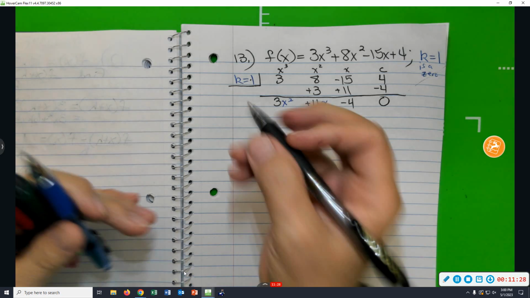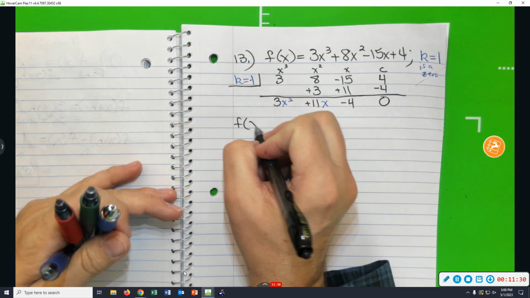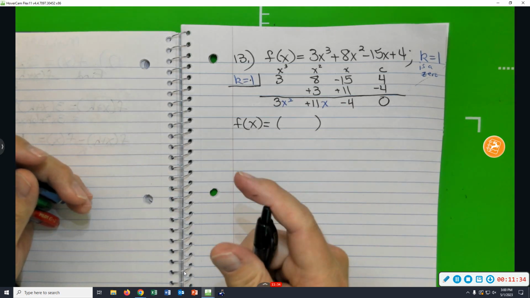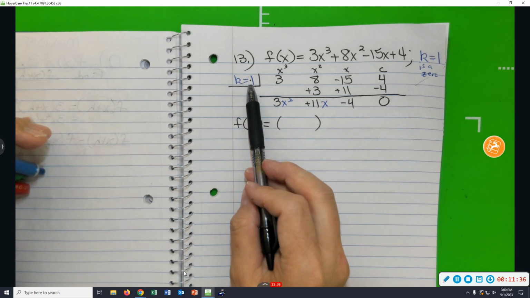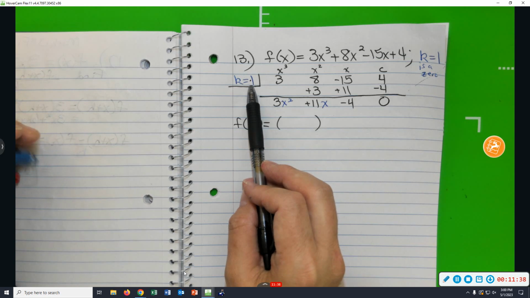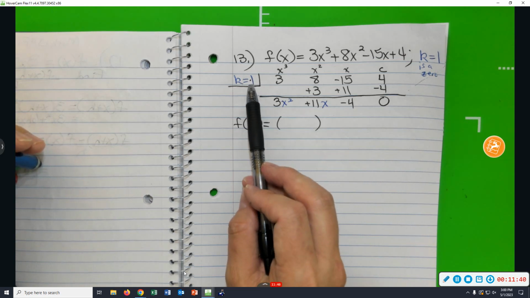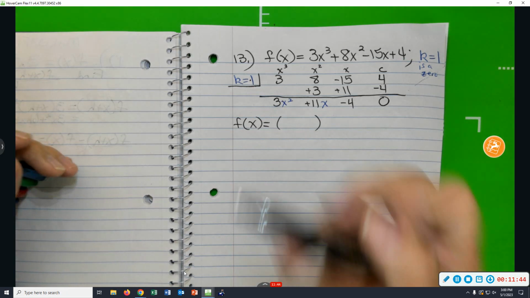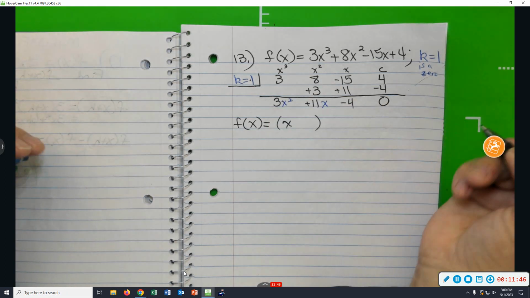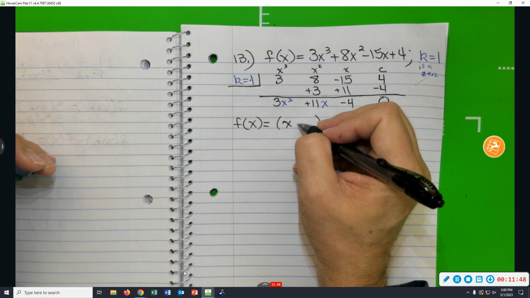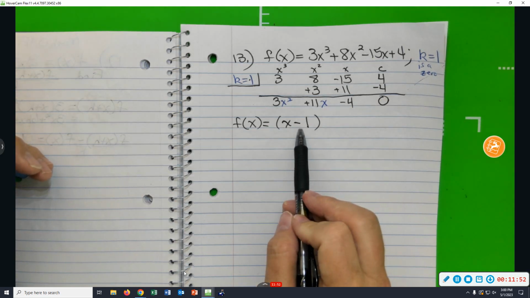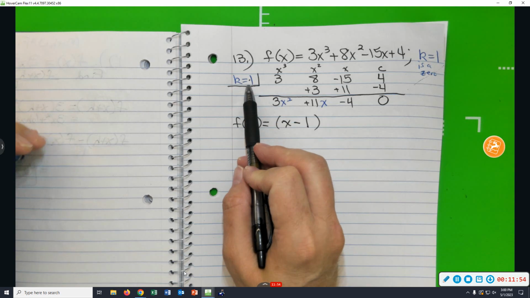So we now know f of x is equal to, what was the factor associated with this 0? Remember, it's something that you can plug in 1 and make the thing equal 0. So it's going to be x minus 1. What you see in the factor is exactly the opposite of the 0.